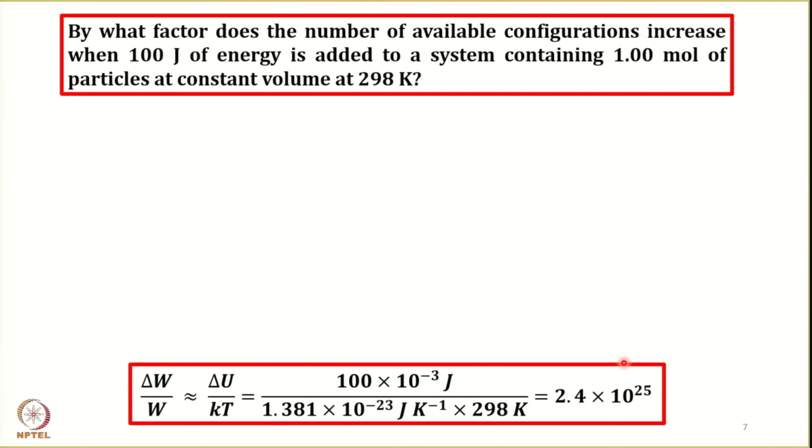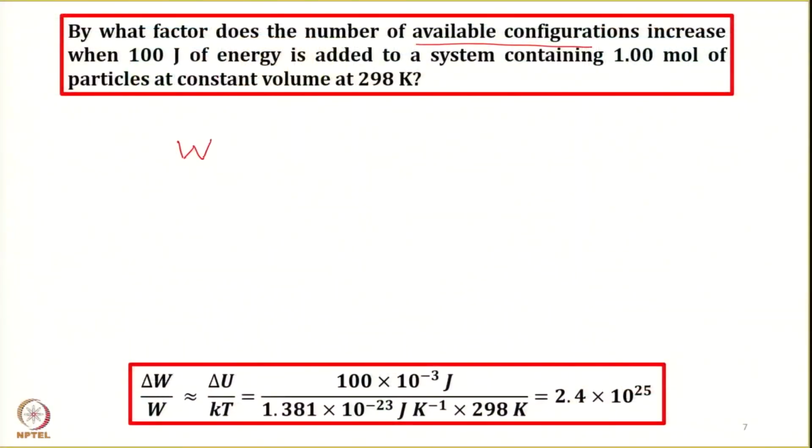So the way to approach solving such questions is you look into the question and try to gather what information is given. They want to talk about available configurations. That means I must develop an equation, connect W with something which is given to me.